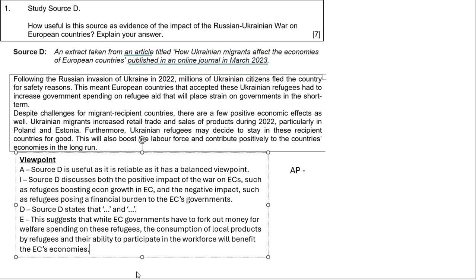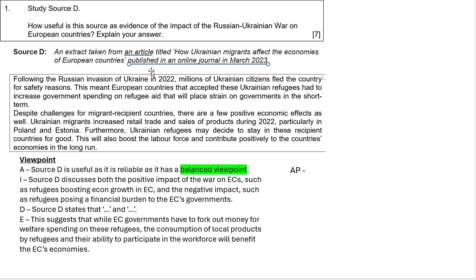Okay, so I realized that actually, source D has a balanced viewpoint, and that's why it is reliable and therefore useful. Okay, but let's not stop here. Let's look at the provenance carefully. So we see that it's an article and it's an online journal. An online journal is actually often written by academics.